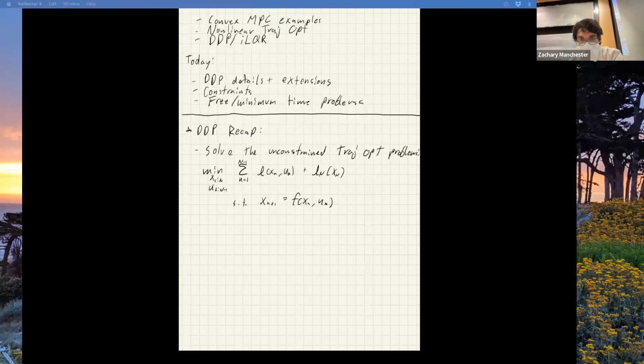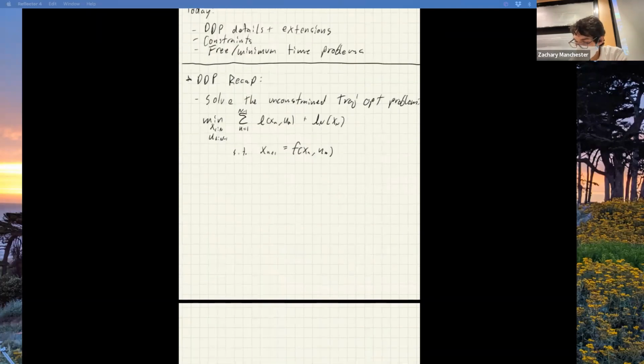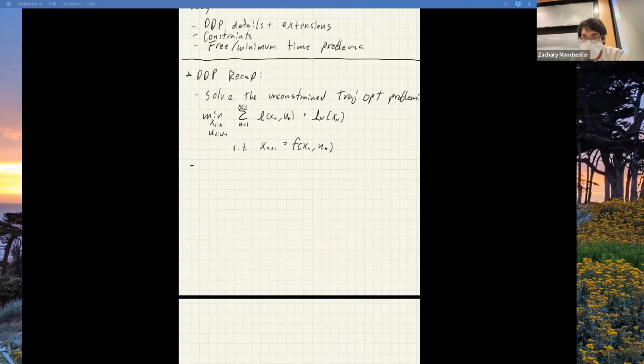Okay, so we have the problem, and the first piece that we did last time was the backward pass, which is basically Riccati. Basically the same thing you see in standard LQR, but with some extra terms. So we do this value function, or cost-to-go function, approximation using a second order Taylor approximation.